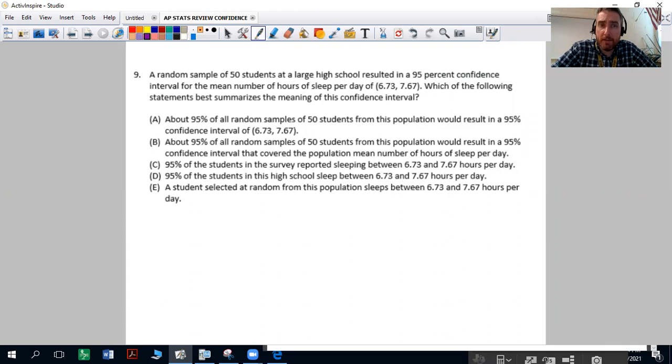A, about 95% of all random samples of 50 students from this population would result in a 95% confidence interval from 6.73 to 7.67.